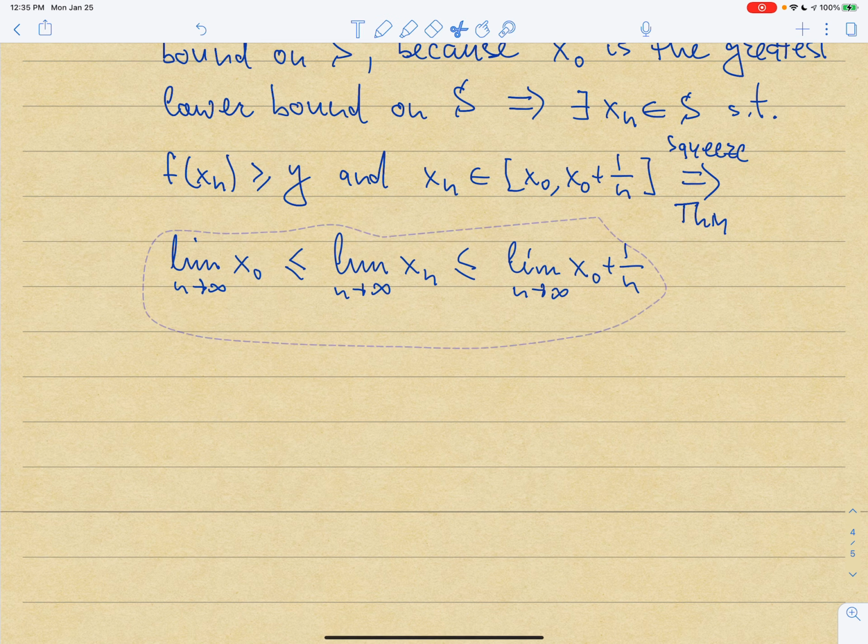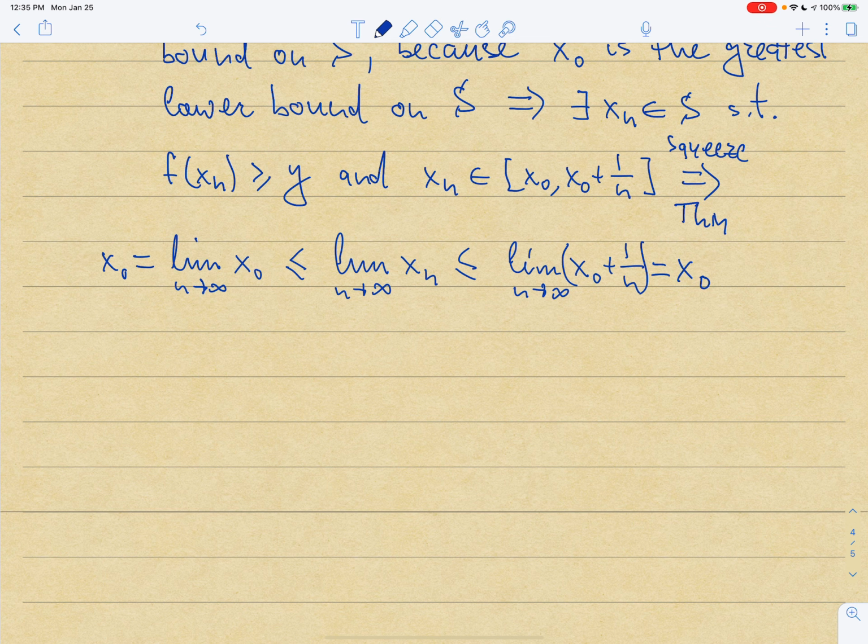Because the limit of a constant x0 is x0, and the limit of x0 plus 1 over n is also x0, again by the squeeze theorem, we have that the limit as n goes to infinity of xn is equal to x0. So that is clear.